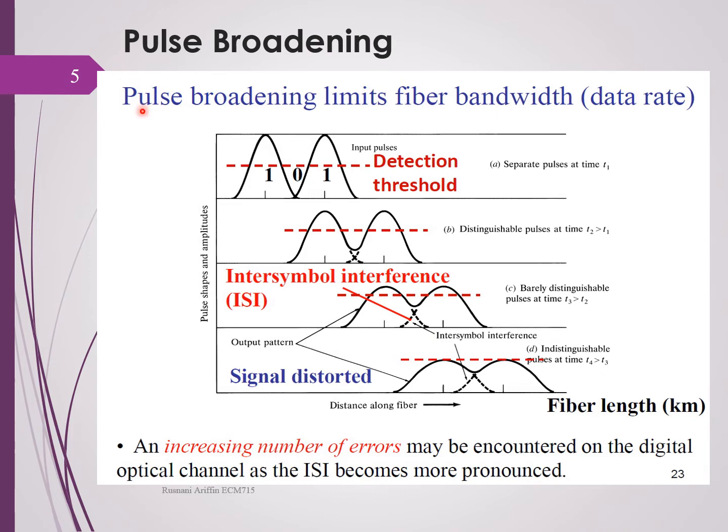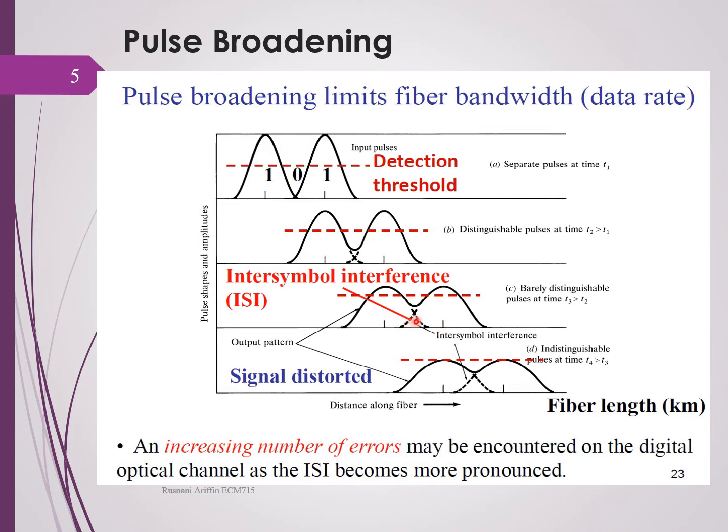Let us look in more detail at pulse broadening. Pulse broadening limits the fiber bandwidth or the bit rate. For example, let's say this is our input pulse, where 101 is transmitted. After a certain time, you can see that the pulse is spreading, and at a longer time the pulse spreads even more, and intersymbol interference occurs.